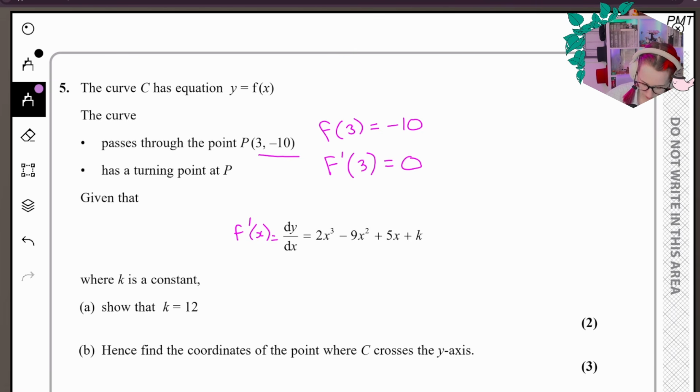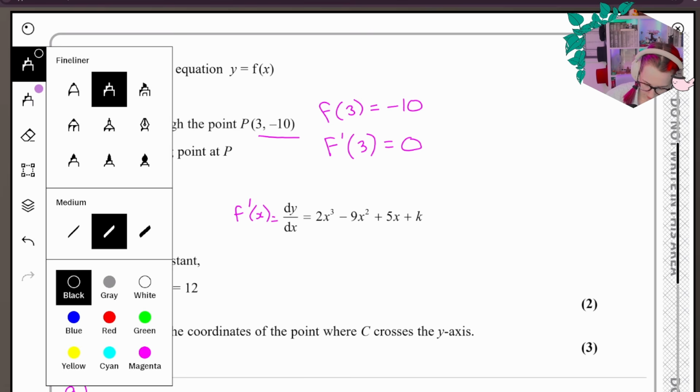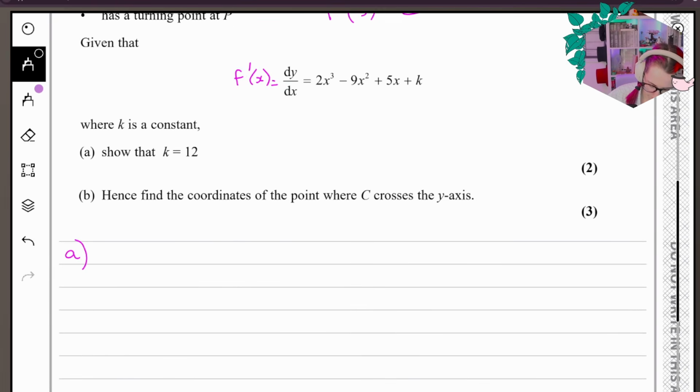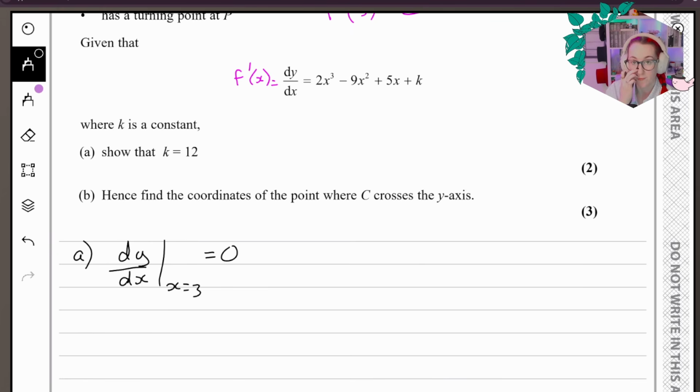Part A, show that k is 12. We have that dy dx at x is 3 is equal to 0. So I think if we just plug in 3 for x, we should get out k is 12.